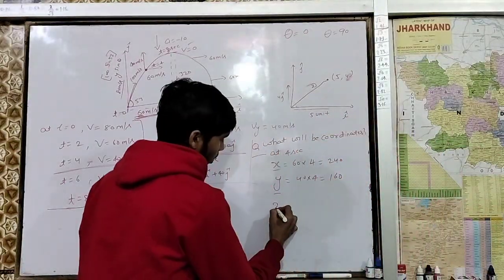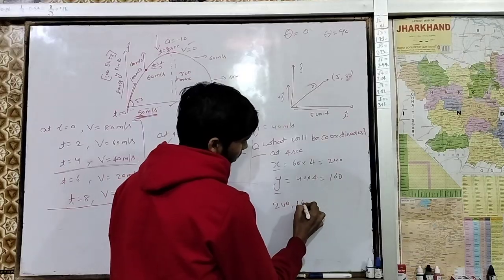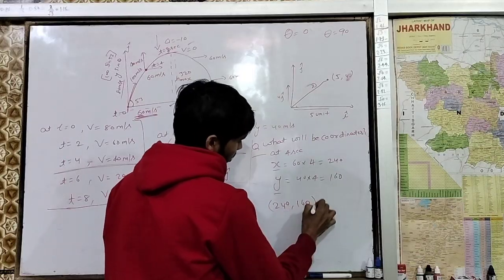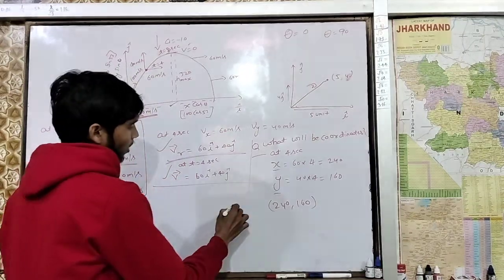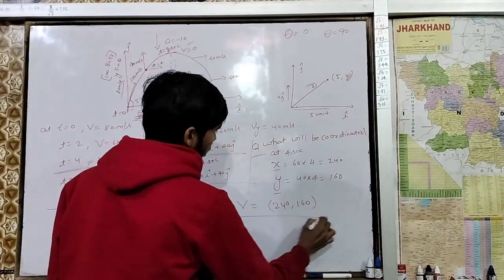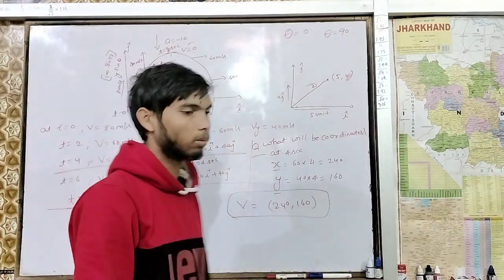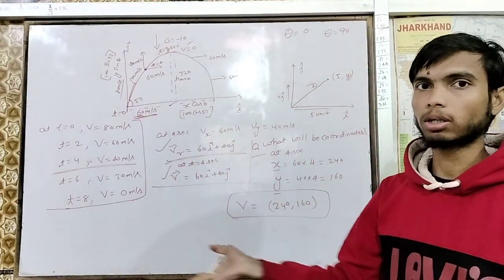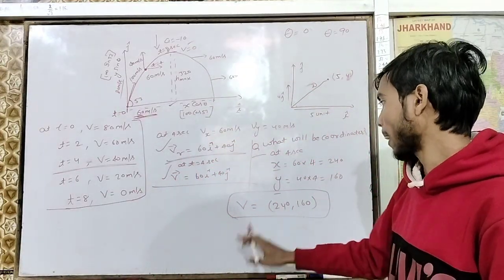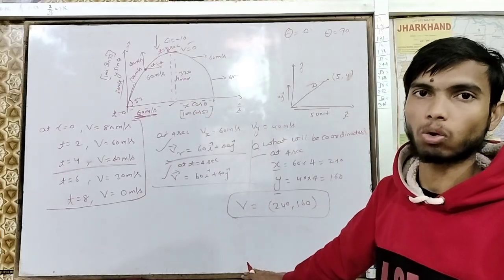We are saying 240 comma 160 is the coordinate of this point. 240 units along the x axis and 160 units along the y axis.